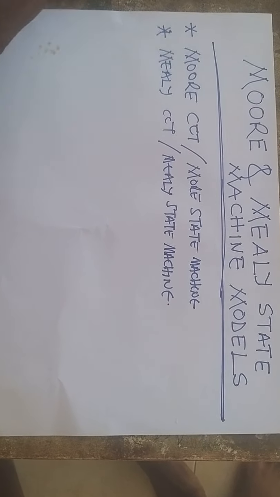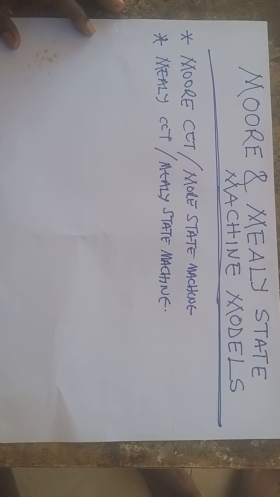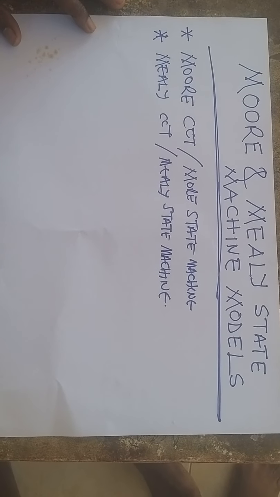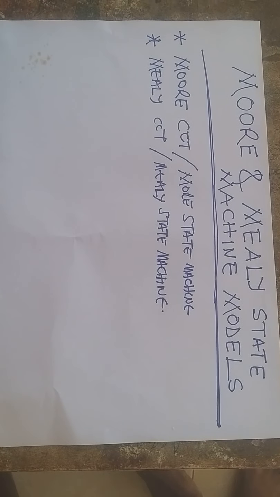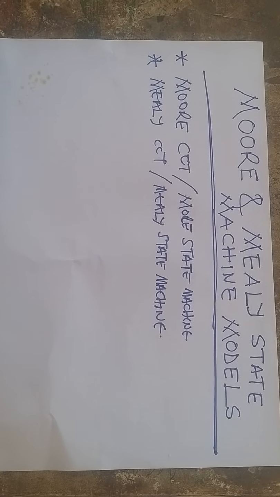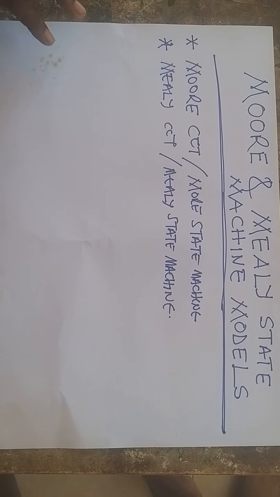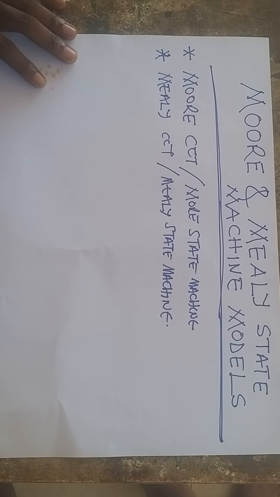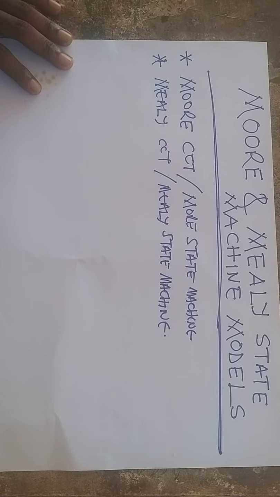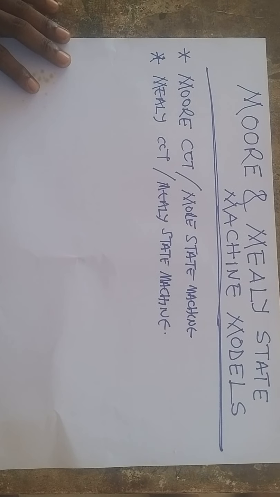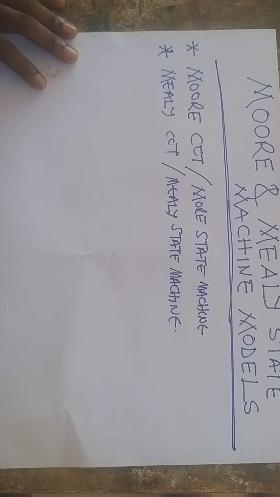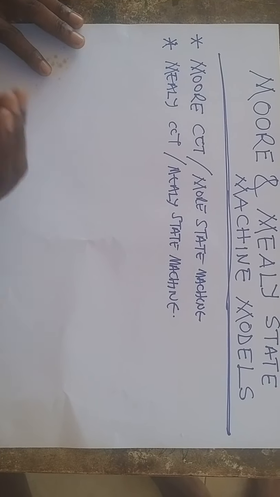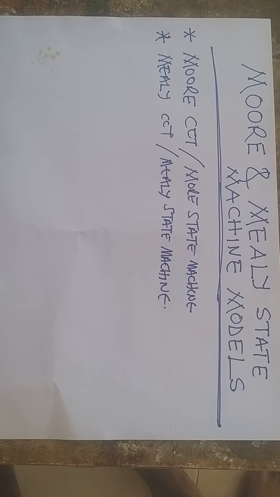Okay, now the interest is, what's the difference between the two? That is where we should note, so that when we are designing our system, based on which one we are using, we'll be able to tell. And when we see a circuit, we should be able to tell that this is a Moore or this is a Mealy state machine concept.